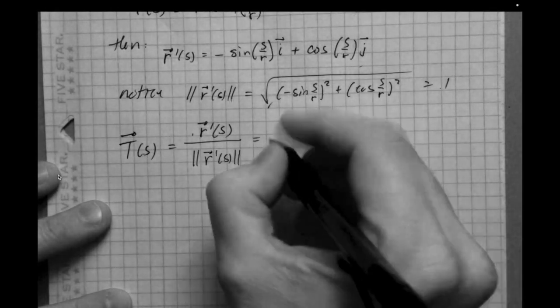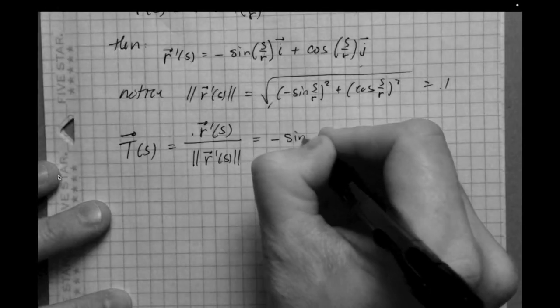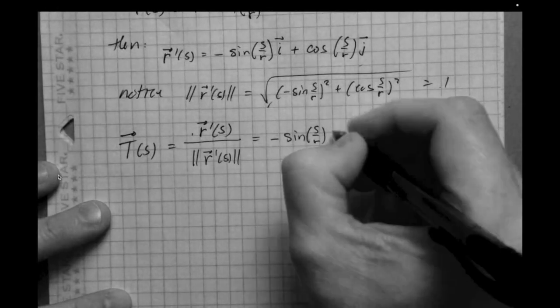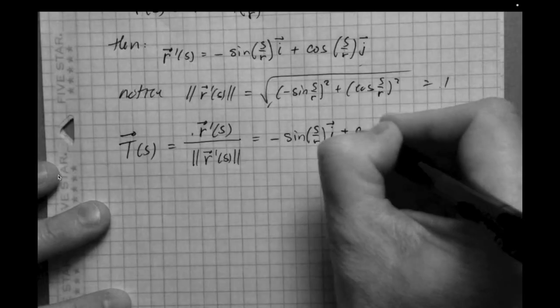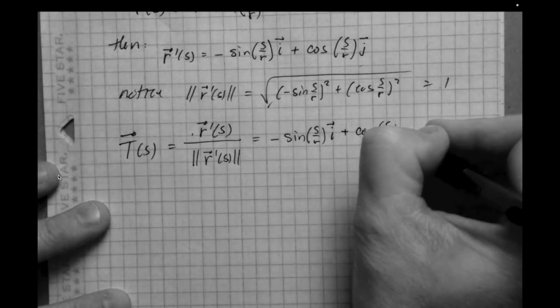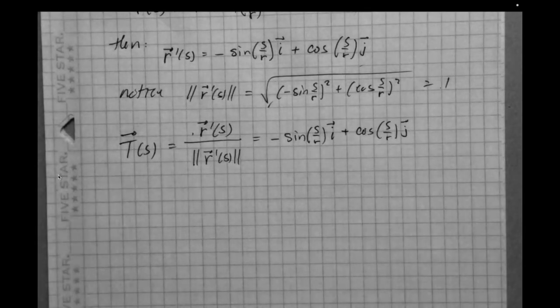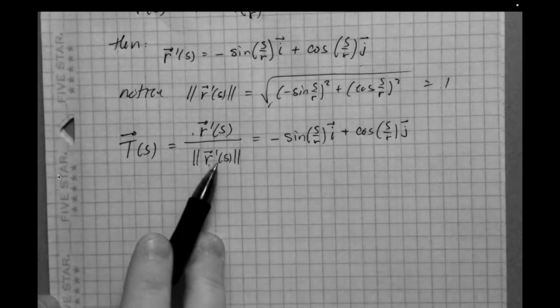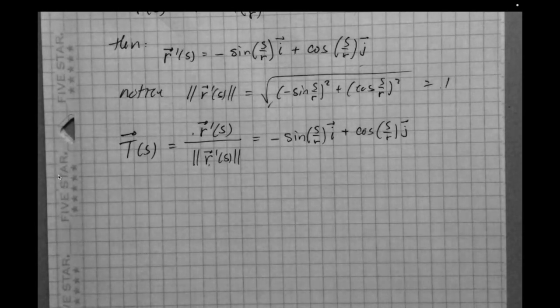So this is just negative sine of s over r times i plus cosine of s over r times j. That's the unit tangent vector. Very nice, easy to find, specifically because the norm of this derivative is already 1. That's a lot of the reason why using the arc length parameter is convenient.